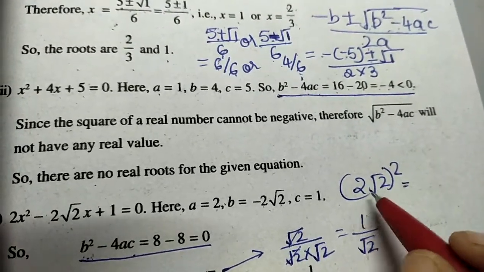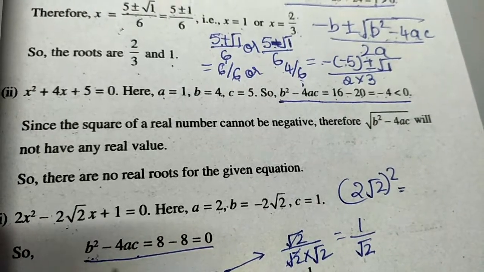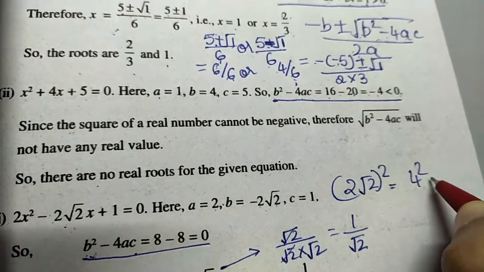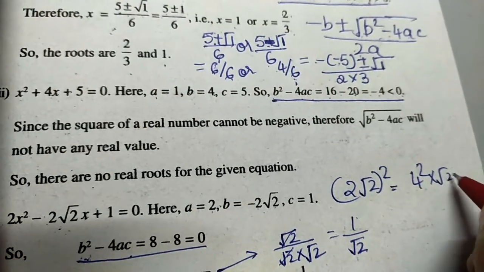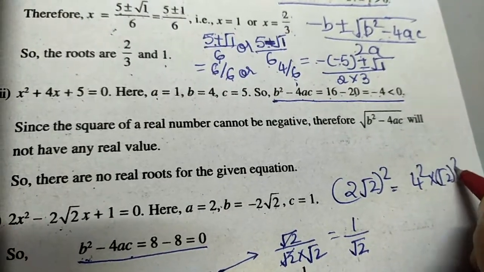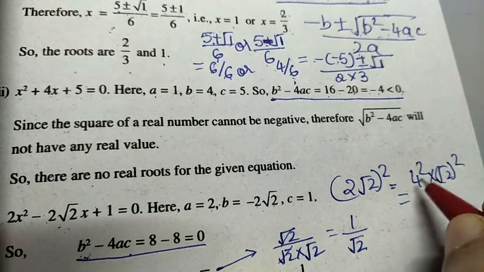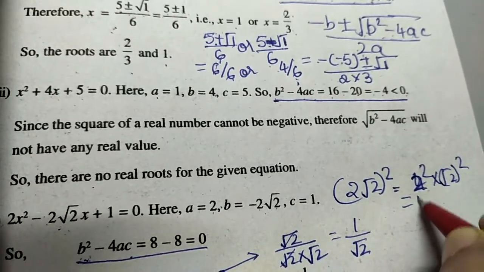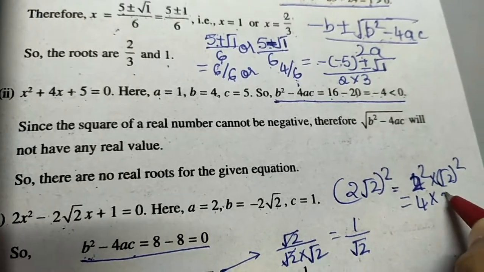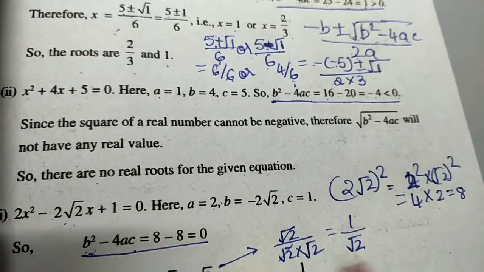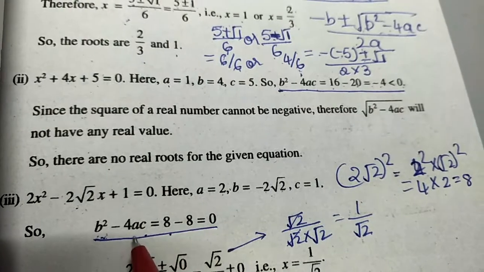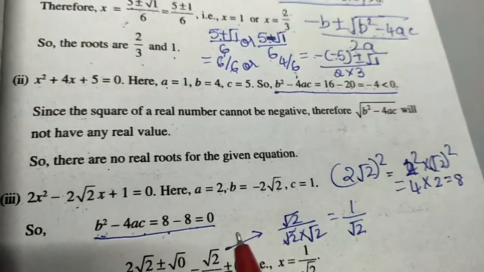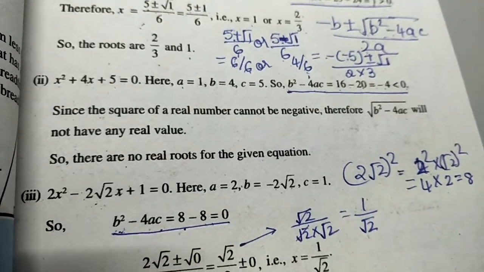So 2 under root 2 square you will get here as 8, that is 2 square multiplied by under root 2 square, that is 4 multiplied by 2, which is equal to 8. So you get here 8. And 4ac is also 8. So 8 minus 8 is 0. So here you will have two equal roots.